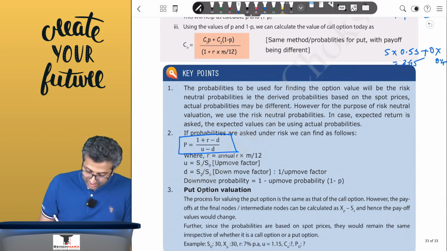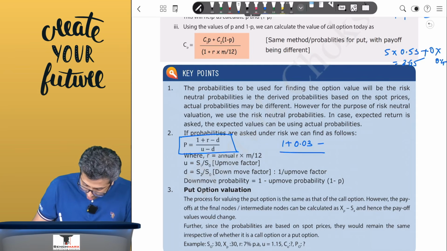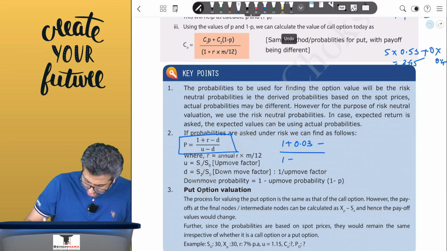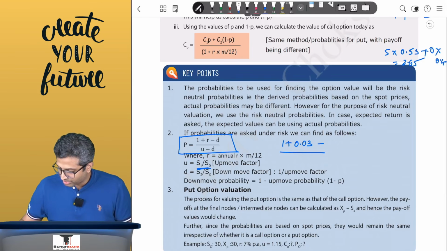Though what the CFA Institute does is it will take the probability of up move as P equals (1 plus RF, maybe your RF is 0.03, minus D) upon (U minus D), where U is the up move factor, which is, let's say, by how much the price is going up. It is going up from 50 to 60, that is 60 minus 50 upon 50, that is I think 20%.